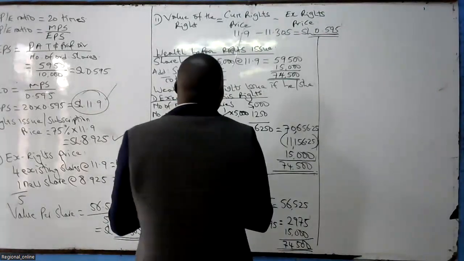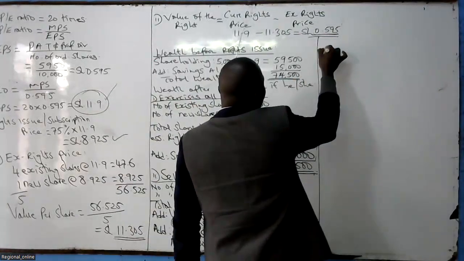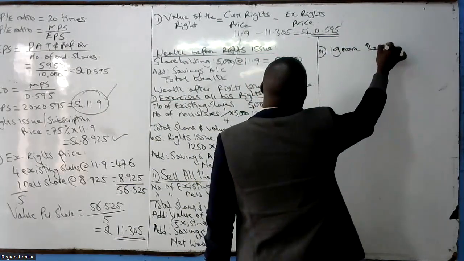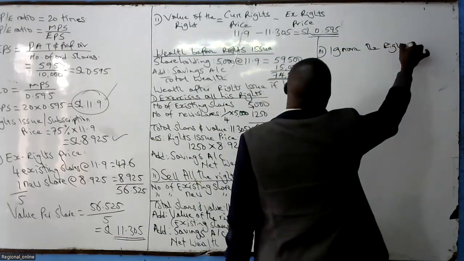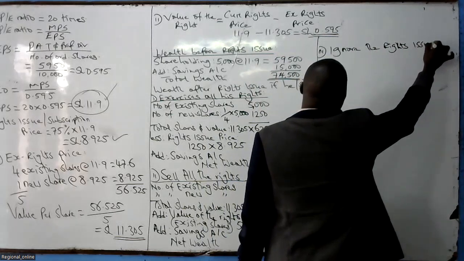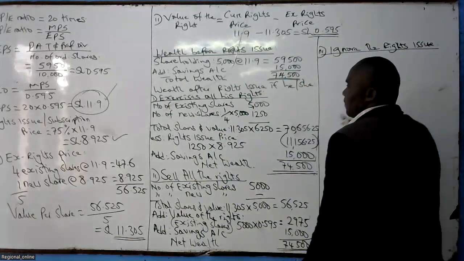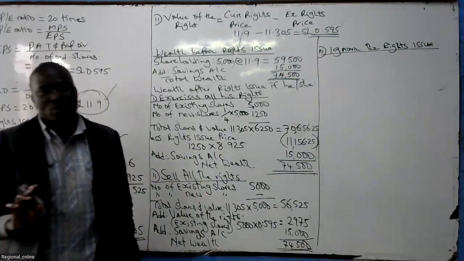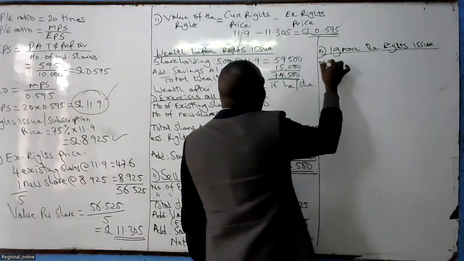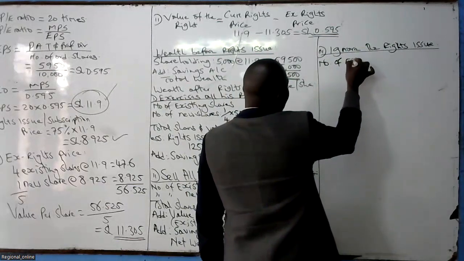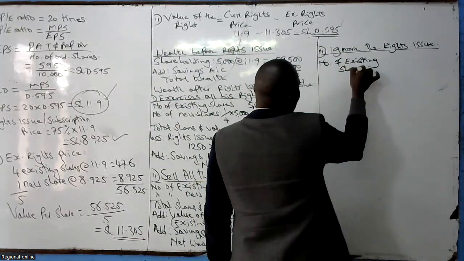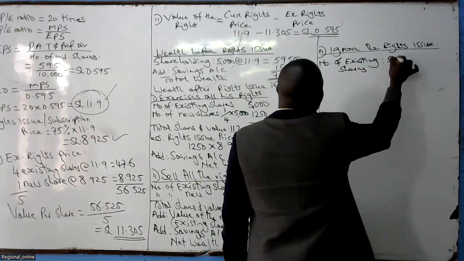Now, finally, number 3, ignore the rights issue. If he ignores the rights issue, the same approach. Number of existing shares, with 5,000.